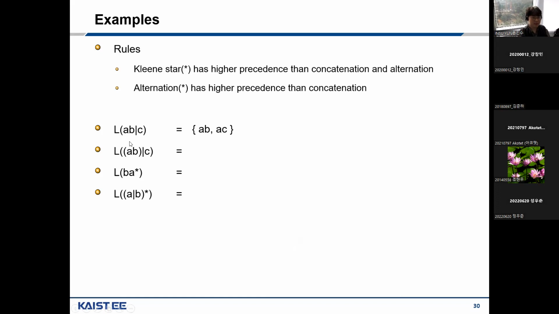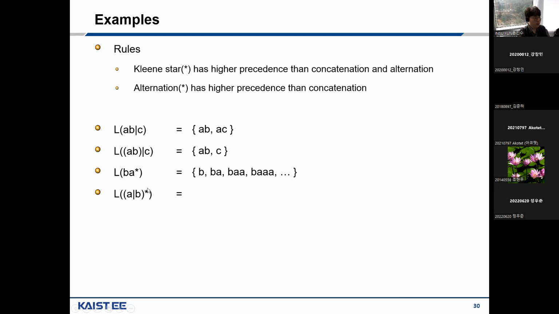And what about this? Yeah, ABC. Now, what about this? L(B A star). As I said, because of this precedence rule, this should be considered like this. So the matching set would be B, BA, BAA, BAAA, and so on. Then what about this?